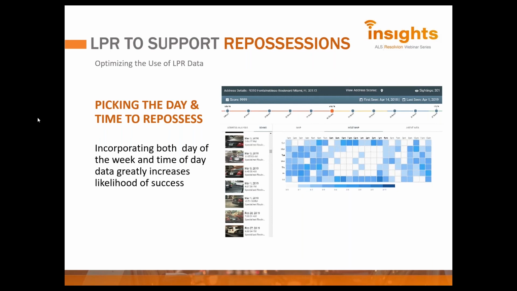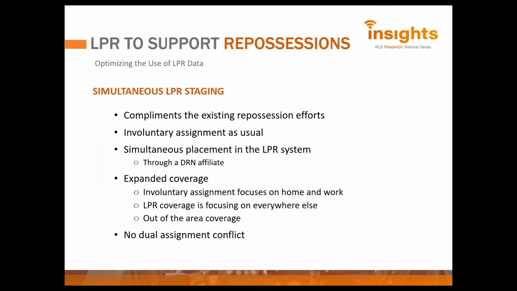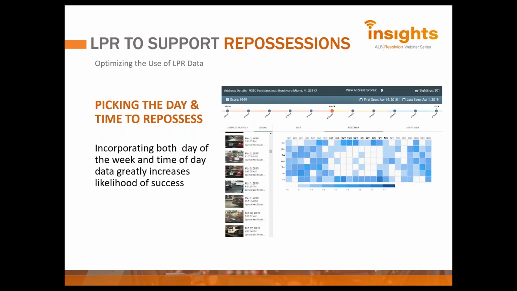Yeah, Mike, and just to interject really quick there, we've had a number of lenders tell us how useful this heat map tool is, because there are so many repossession assignments where an agent is just running the account at certain times of day or night, and missing the car just by minutes or hours.